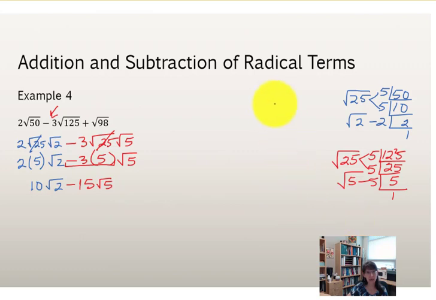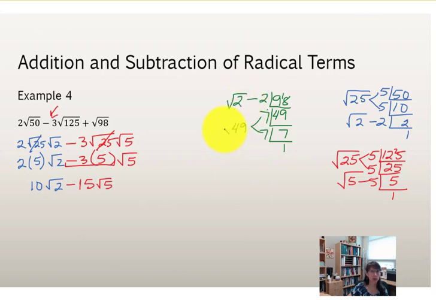We've got 98 under the radical. That's divisible by 2, leaving 49. That's divisible by 7, leaving 7. 7 is divisible by 7, leaving 1. So here we have 2. Here's a pair of 7s. That's 49.